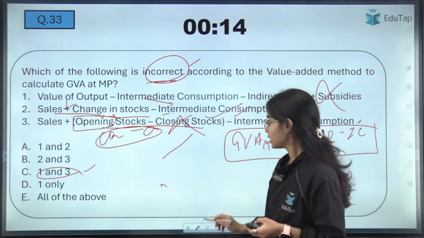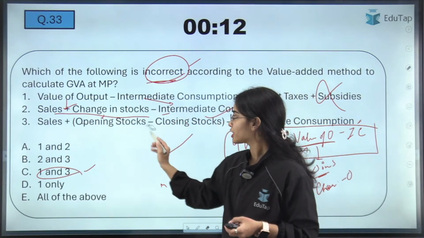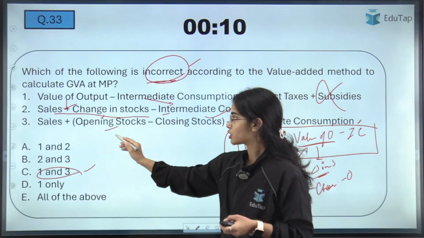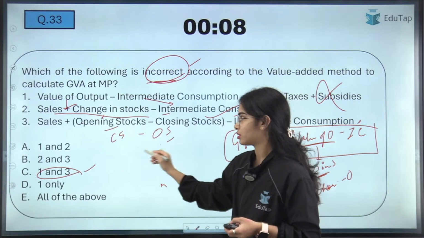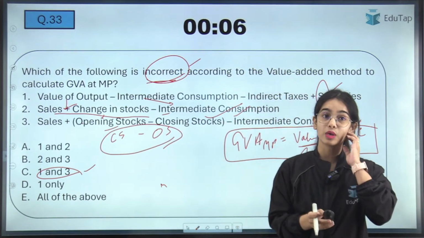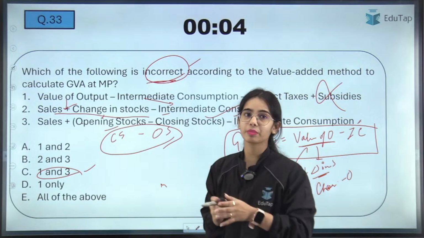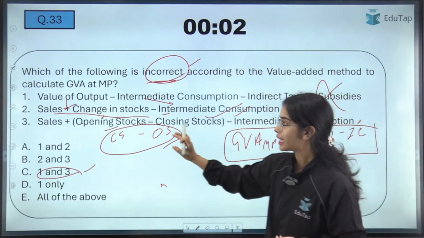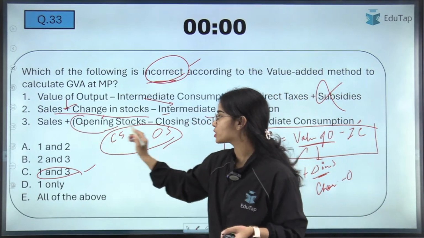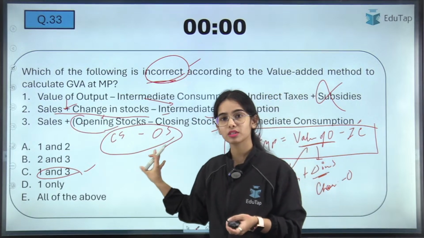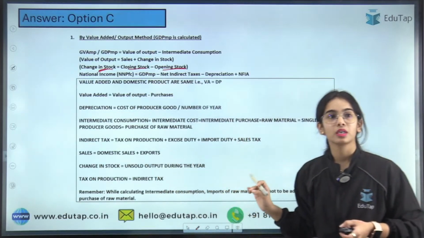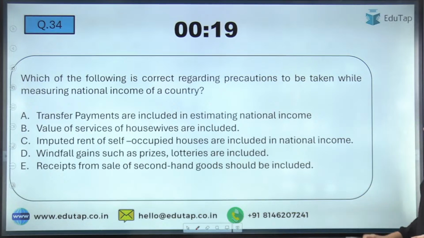Just told you here it should be closing stock minus opening stock. Okay? Clear now? In the first statement, indirect taxes should not be mentioned. In the third statement, it should be closing stock minus opening stock. So 1 and 3 both were incorrect.